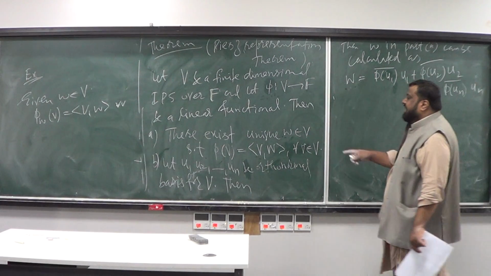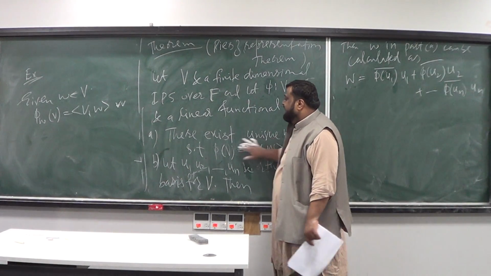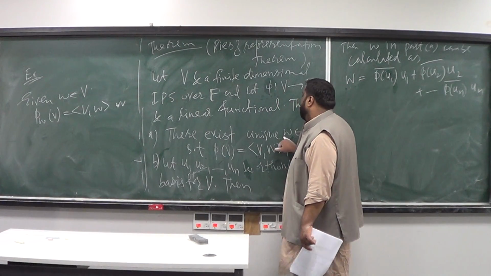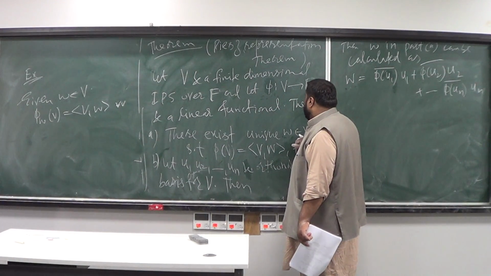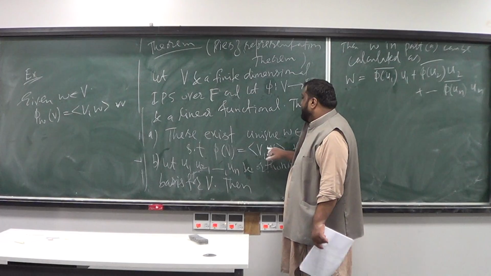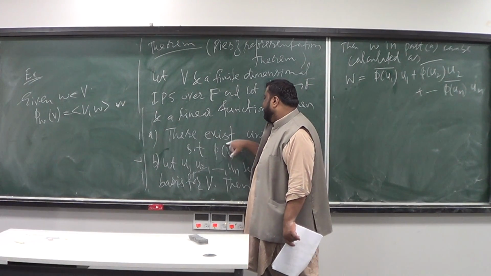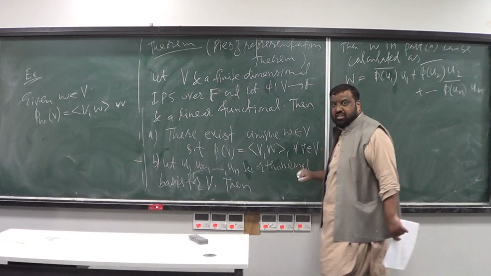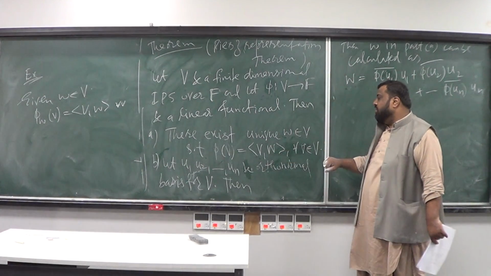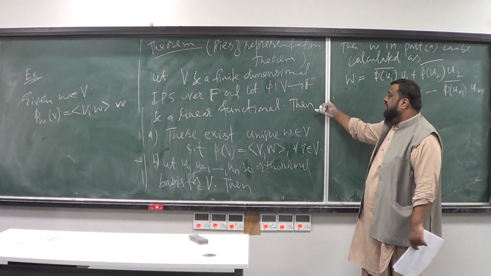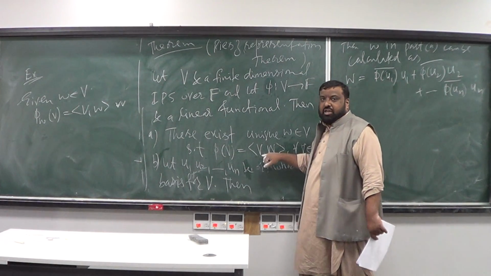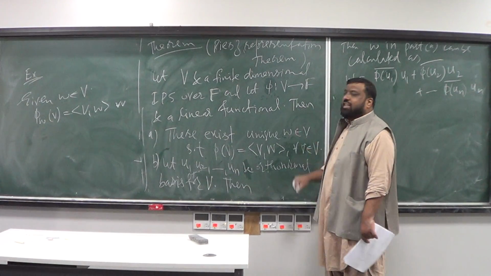So this part tells you that there exists a w using which you can write every single linear functional in terms of the inner product. The question is how to find that w.